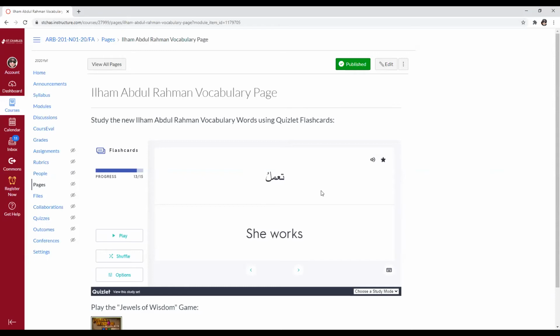It can also mean you work for a male. So she works or you work for a male. Next, matam means restaurant.